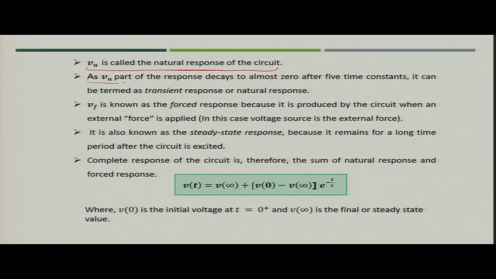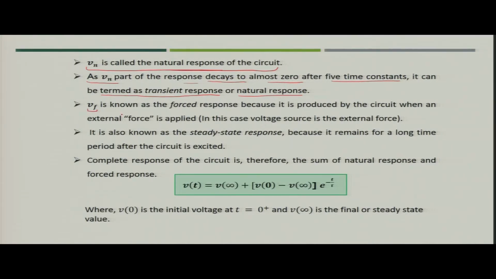As Vn is the part of the response which decays to almost 0 after 5 time constants, it is generally termed the transient response or the natural response. Why is it called the natural response? Because it is a source-free or sourceless response of the circuit, where no external source was applied.